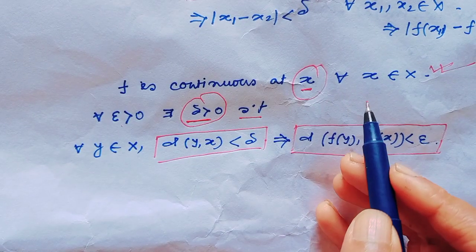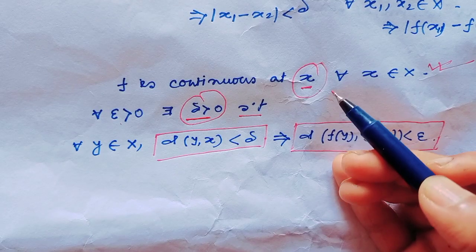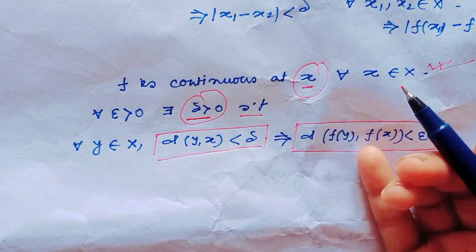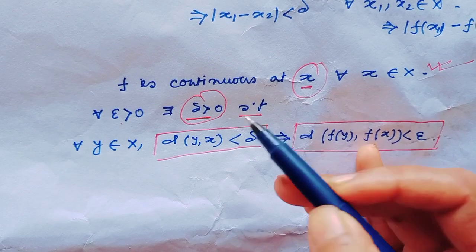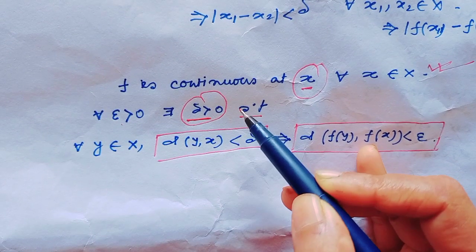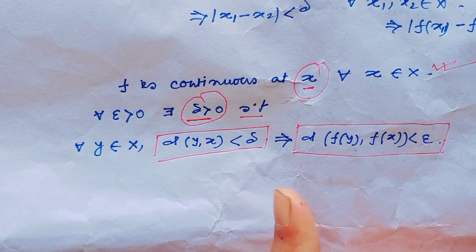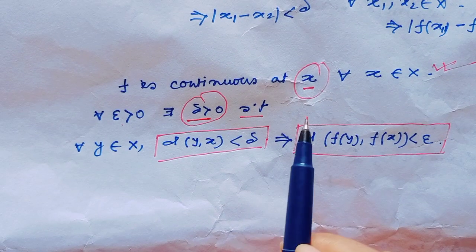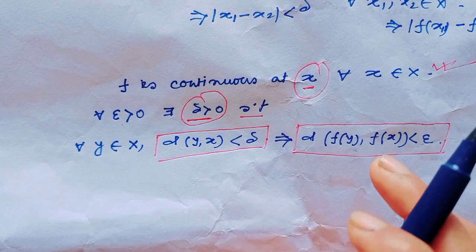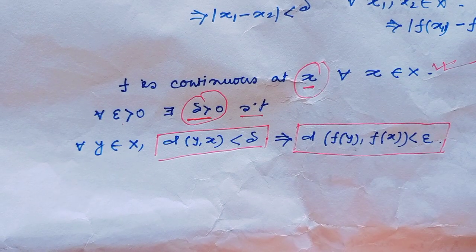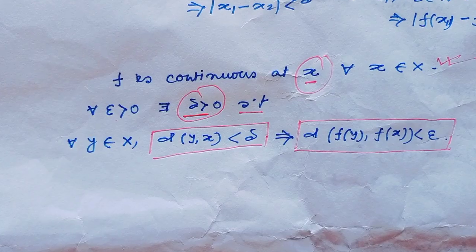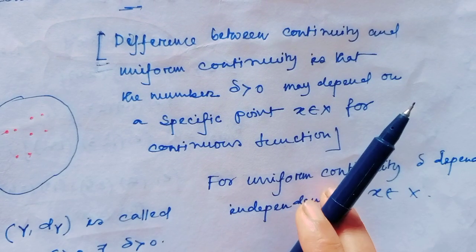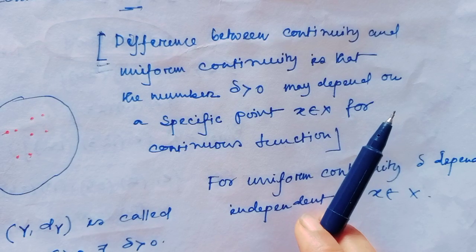If I consider another point, let's say x1, x2, x3, then for a different point, delta would be different. This is the actual difference between uniform continuity and continuity. Here delta depends not only on epsilon, but also on the points.